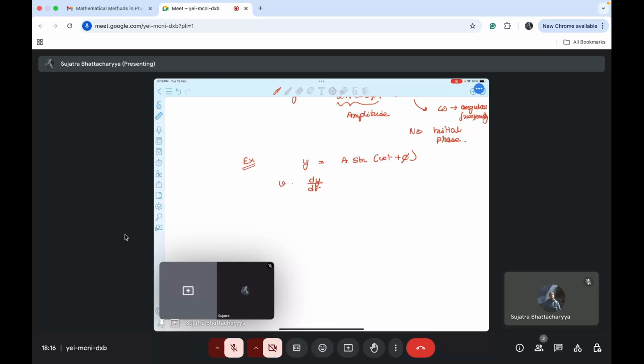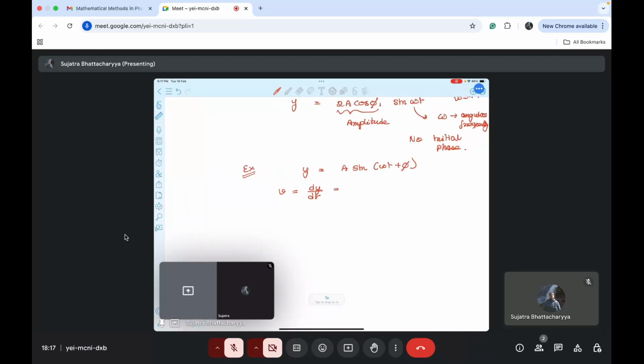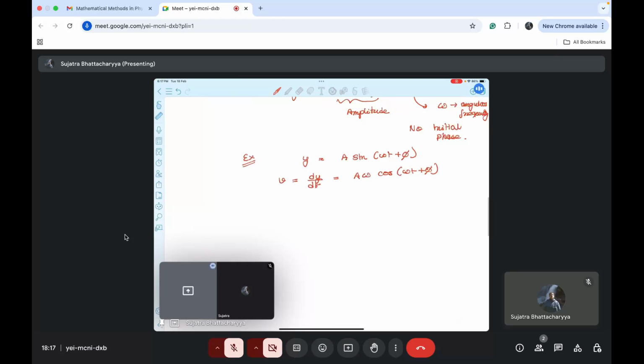It will give you the velocity of the particle's oscillation. So just differentiate sine(omega t plus phi) with respect to time. It will be A omega cos(omega t plus phi).